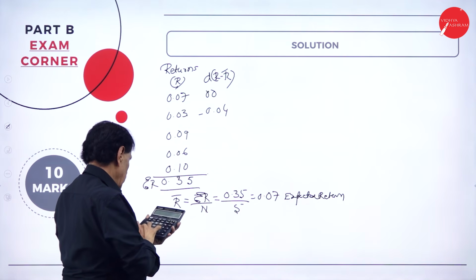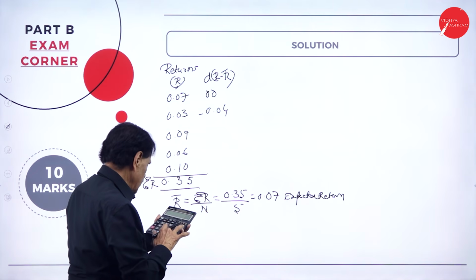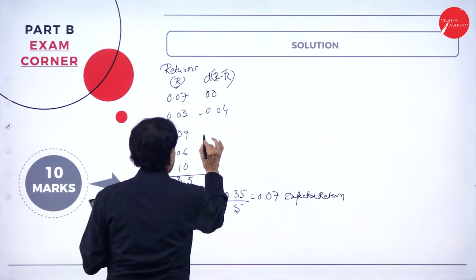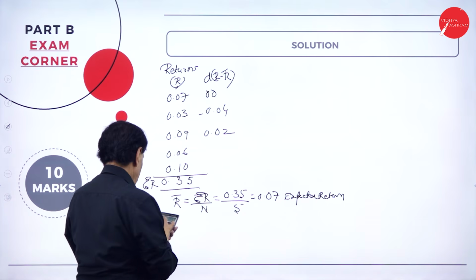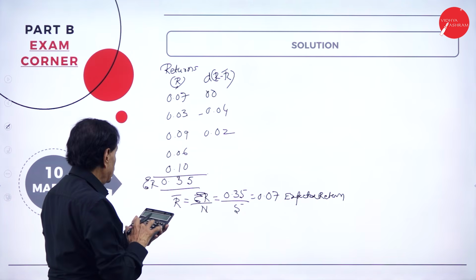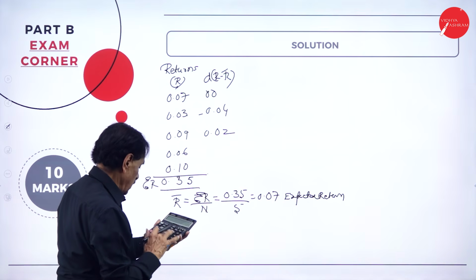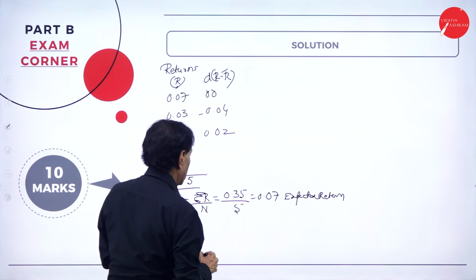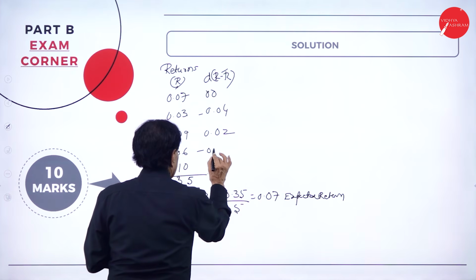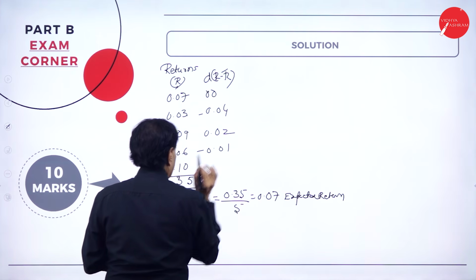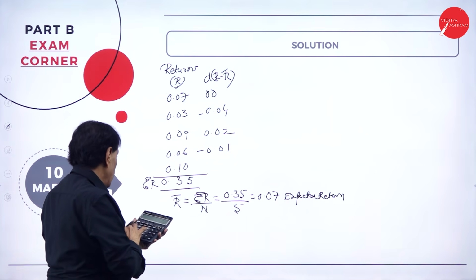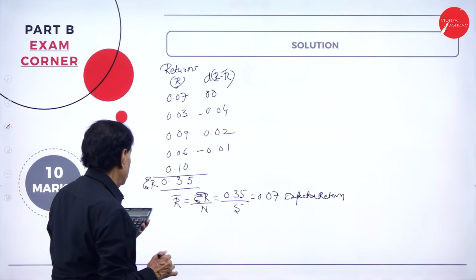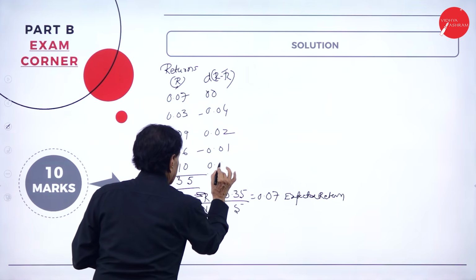Then 0.09 minus 0.07 is 0.02. Then 0.06 minus 0.07 is minus 0.01. Then 0.10 minus 0.07 is 0.03.